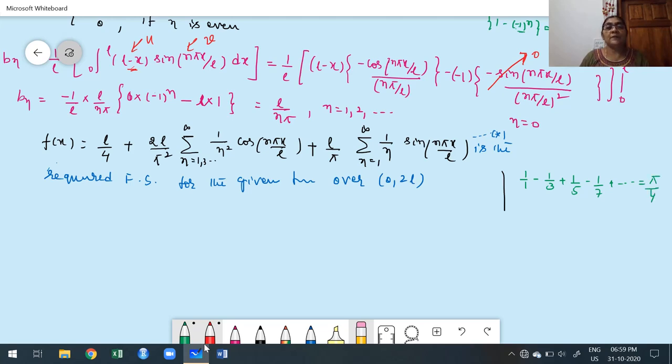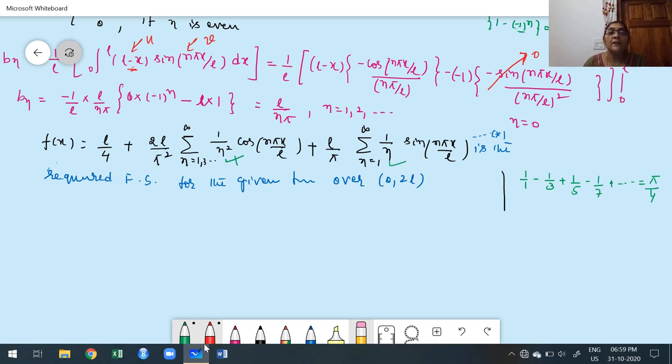I want to prove this. Here we have two summations, one having 1 by n square, another having 1 by n. Which one am I going to retain? I don't want this 1 by n square, because our expansion is 1 by 1, 1 by 3 like that. I don't want 1 by 1 square, 1 by 3 square, 1 by 5 square; I don't want the square of each value.